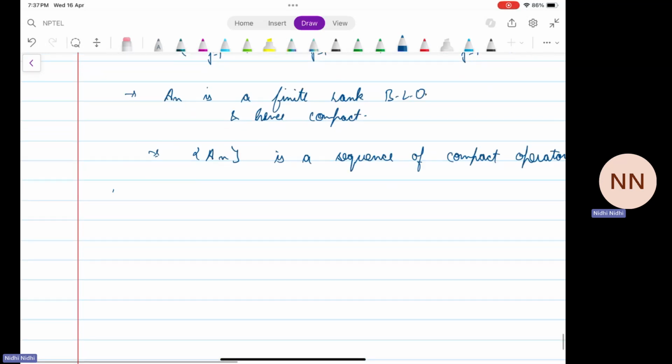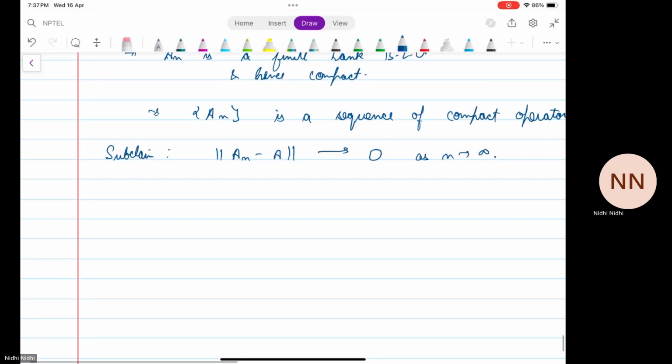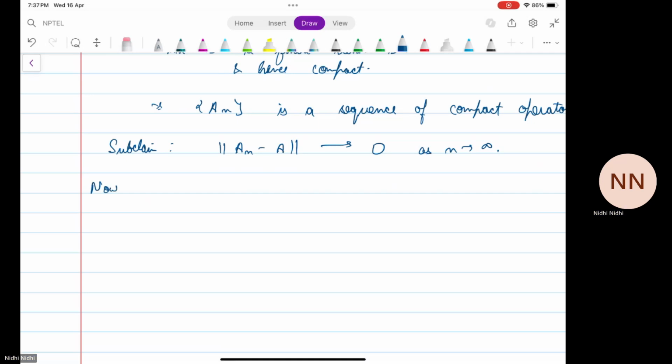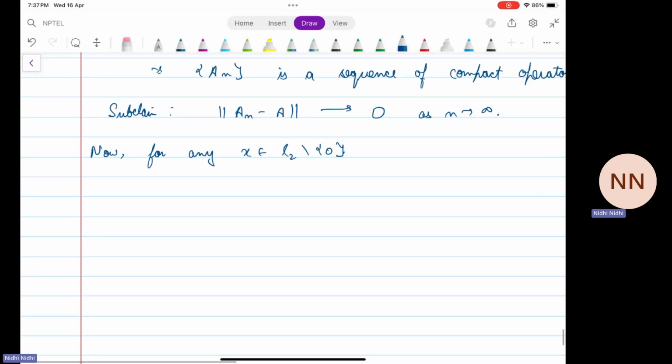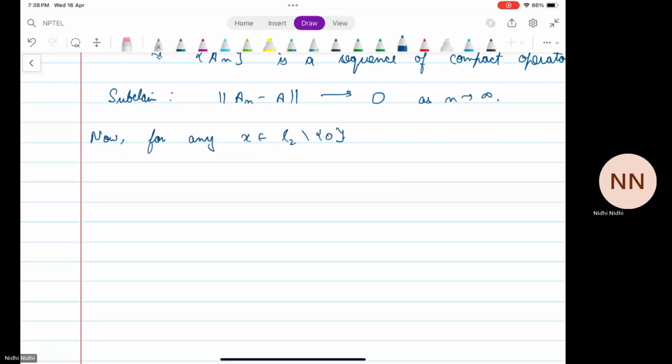Now we claim, let's mark it as our subclaim, that the norm of An minus A, this norm is the operator norm, goes to 0 as n tends to infinity. Now, for any x in L2 minus 0, that means x is a non-zero vector in L2, let's see how An minus A at this x looks like.